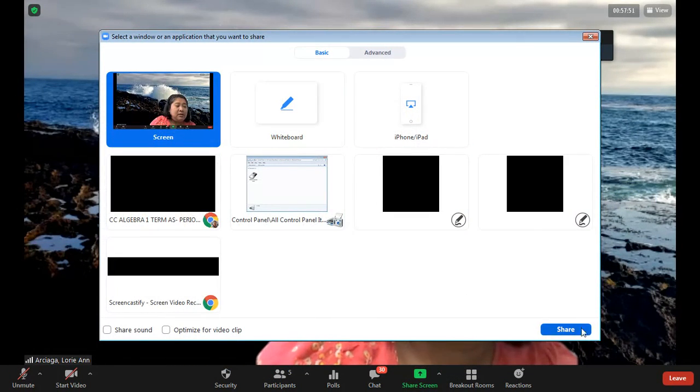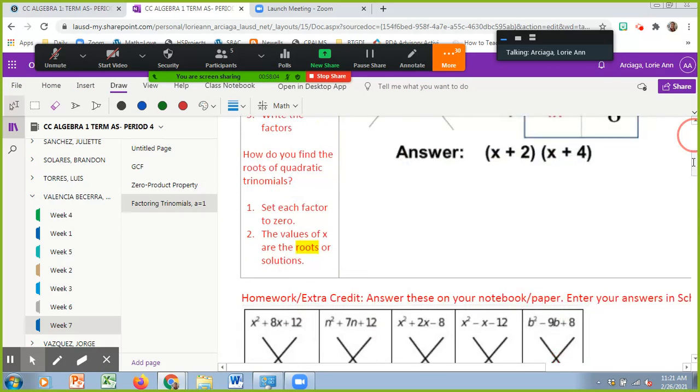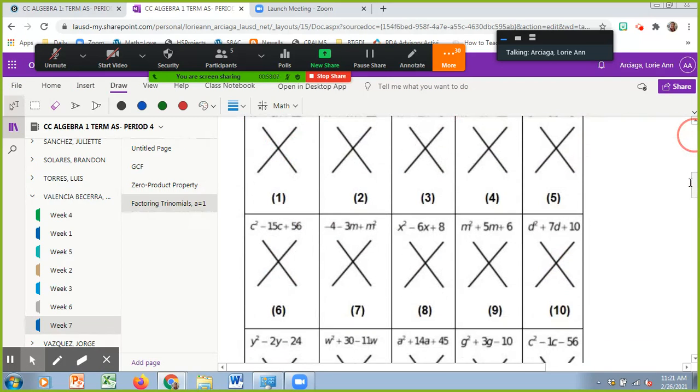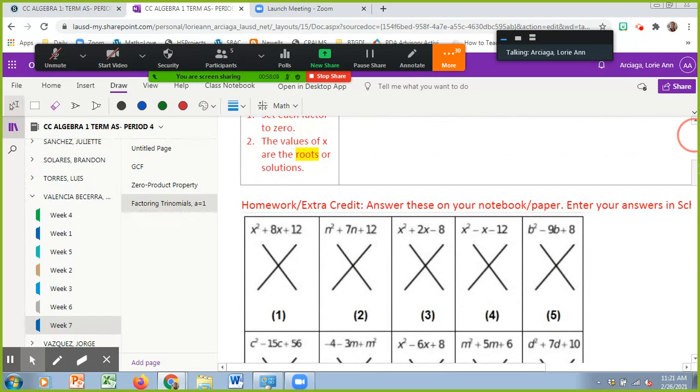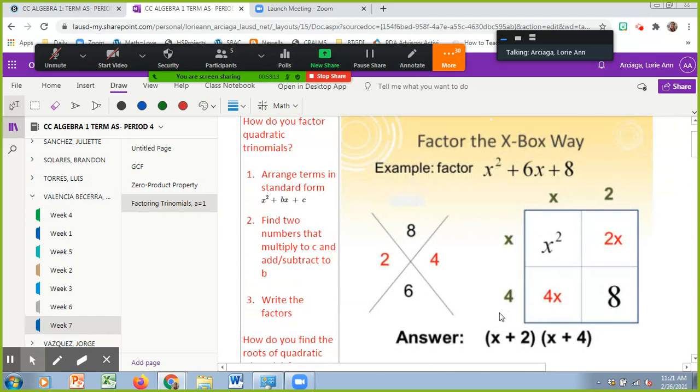George, the homework is in week number 7. So, Valerie, I'm actually using your notebook right now. So, this is week number 7, and this is factoring trinomials. There you go. So, that's your extra credit. Did you watch how Juliet set it up? And there's an example over here as well. So you don't have to do the box, but you're only doing the X method like this.